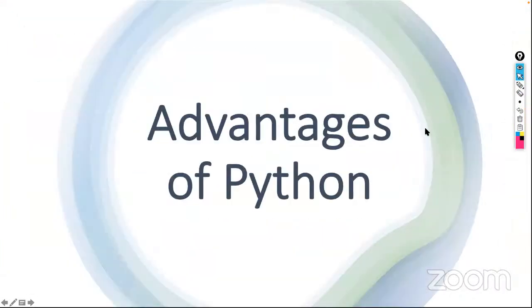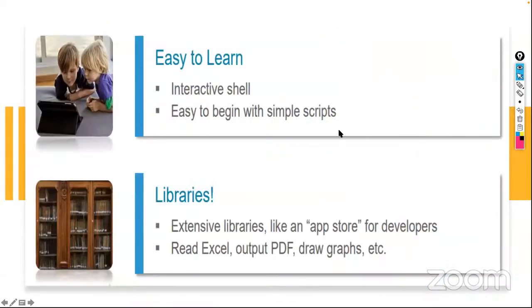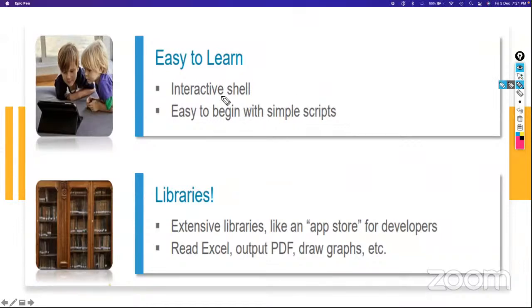Now let's look at the advantages of Python. It's interactive, easy and simple compared to other programming languages. If you have some knowledge of C++, even from college, be sure that Python is very easy to learn compared to any other programming language.